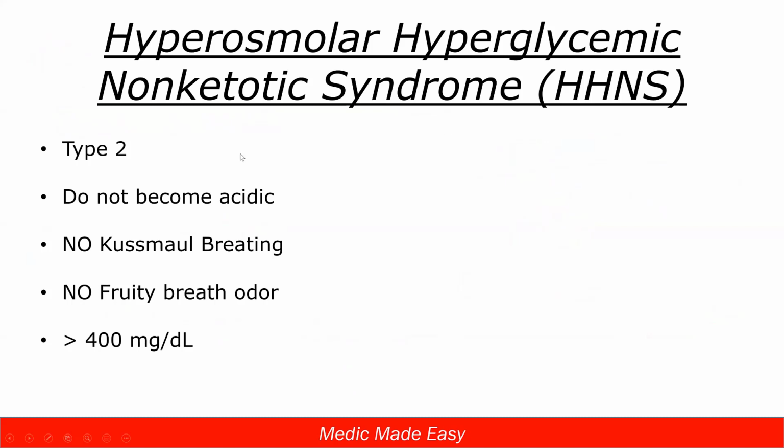The other one: we said type 1 patients are going to progress more towards DKA, our type 2 patients are more likely to progress to this insane long name, hyperosmolar, hyperglycemic, non-ketotic syndrome, or sometimes you'll see non-ketotic coma, and they'll say HHNC.